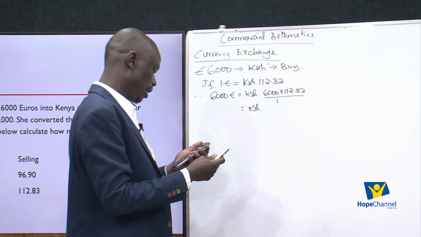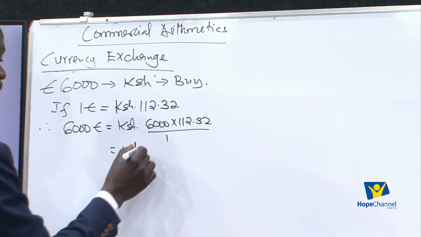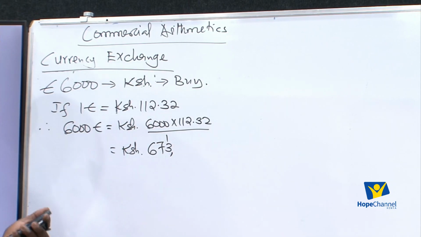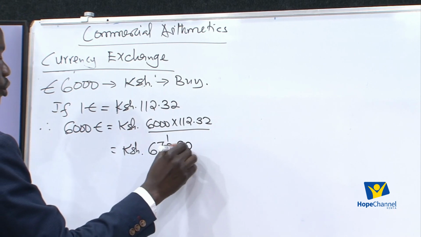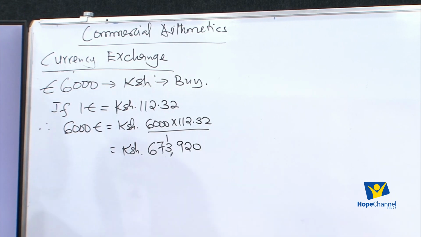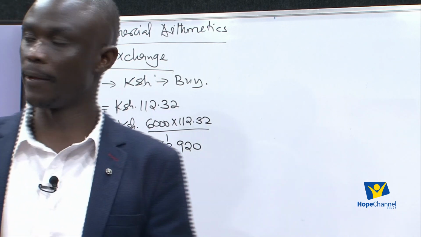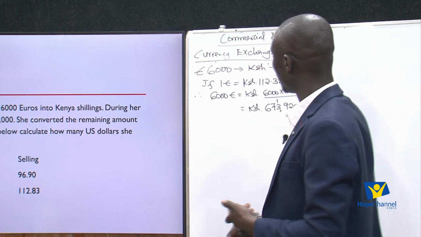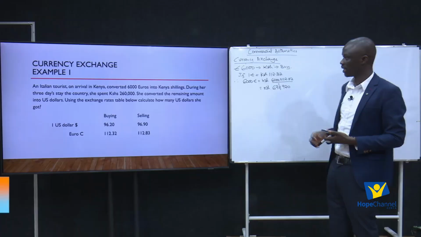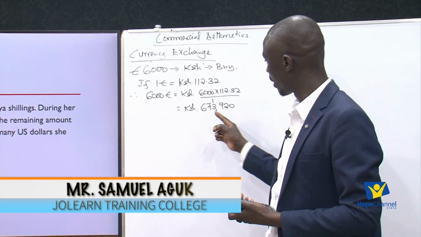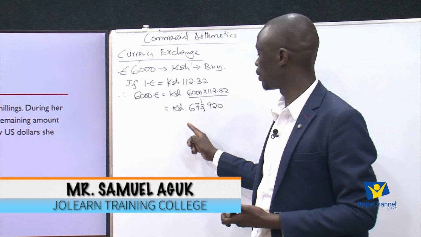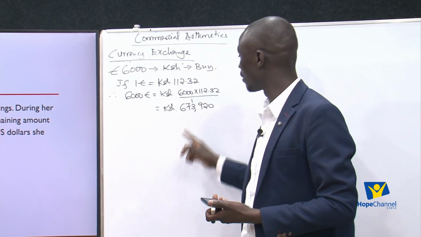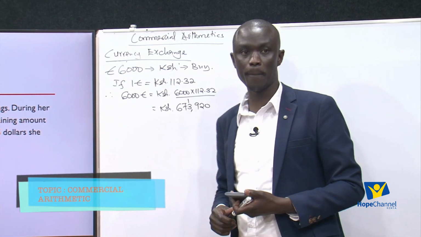112.32. This one will give us 673,920 shillings. So it means that the 6,000 euros that were converted into Kenya shillings, these Italian tourists had a total of how much? 673,920.